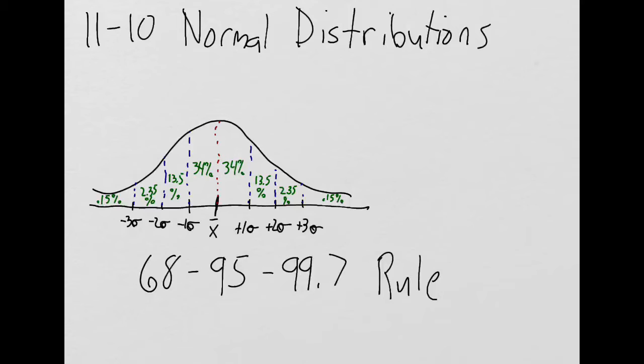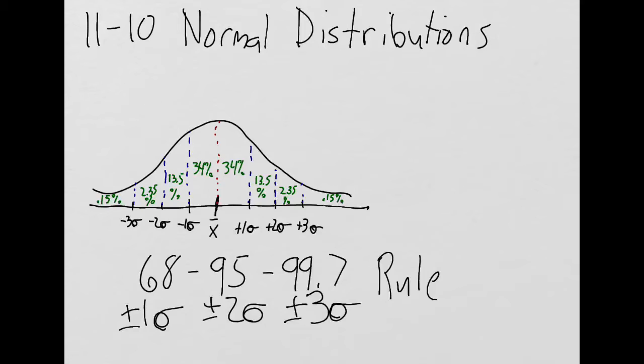Those each correspond to a number of standard deviations. 68 corresponds to ±1 standard deviation, 95 is ±2 standard deviations, and with the 99.7, you can expect 99.7% of your data to exist within ±3 standard deviations.